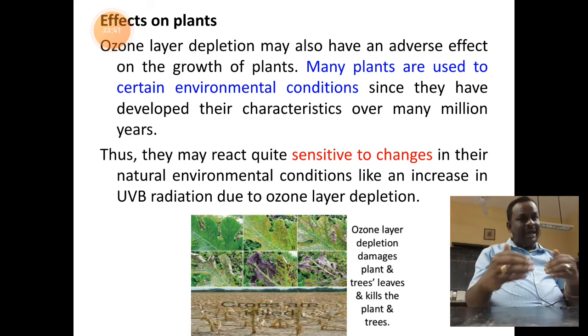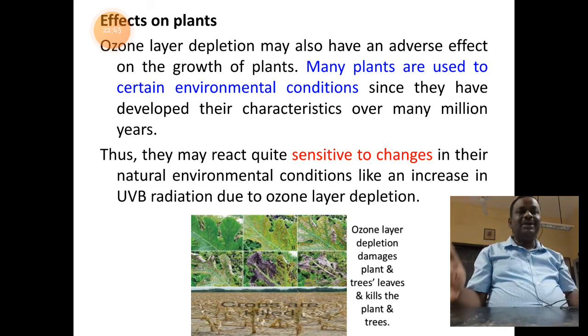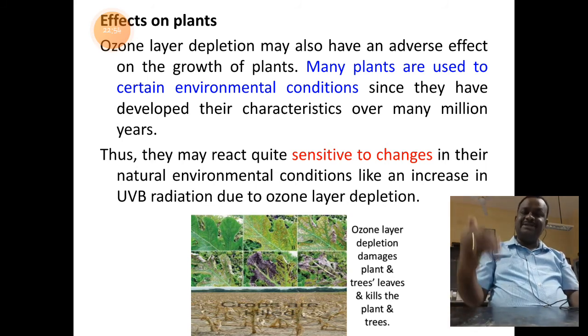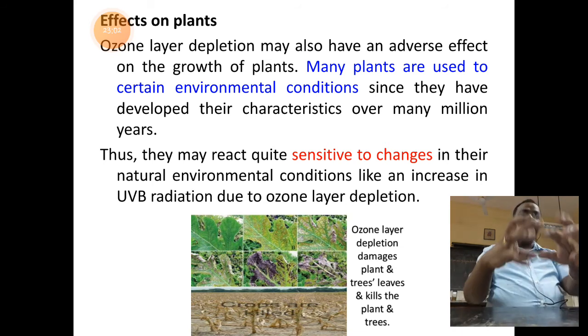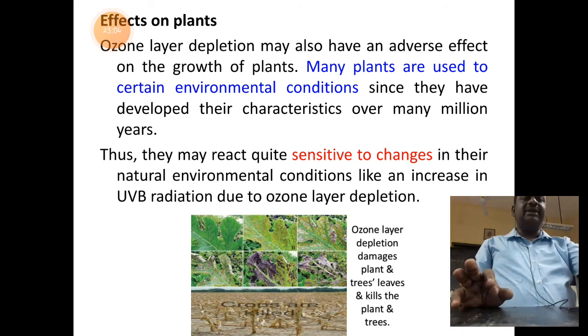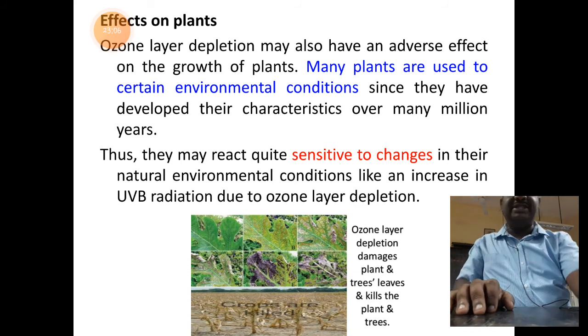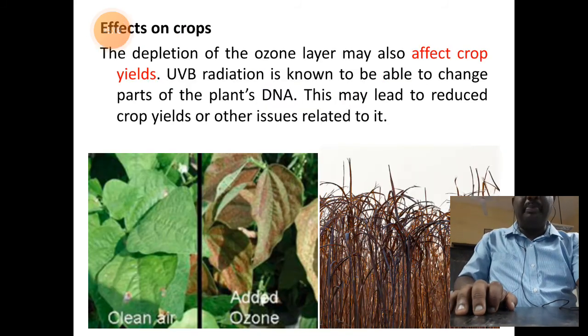Plants have a particular kind of environment in which they sustain, but due to the UV radiations and ozone layer depletion, when UV radiations directly strike the plants, they tend to lose their normal activities such as photosynthesis, etc., and thereby it causes a reduction in the quality and quantity of the crop yield.